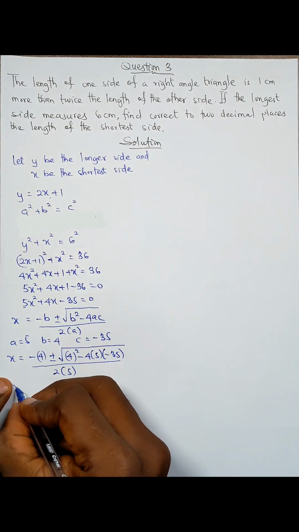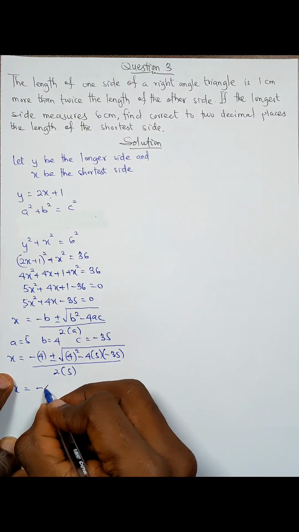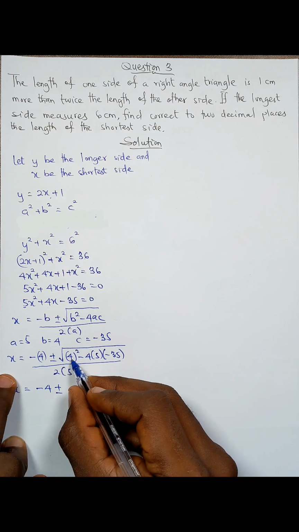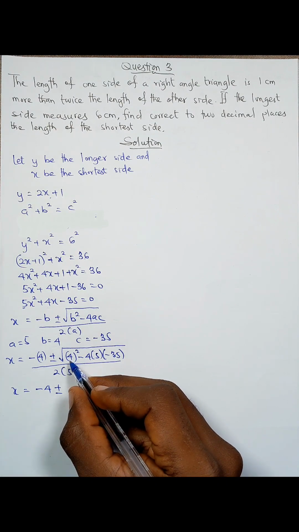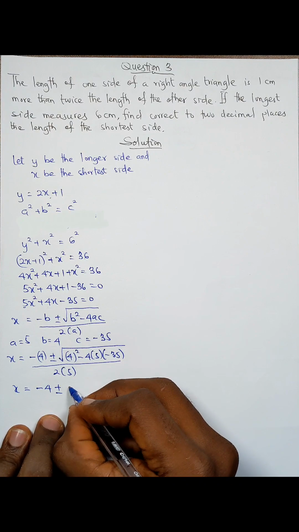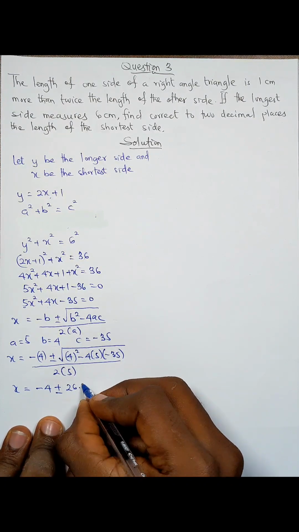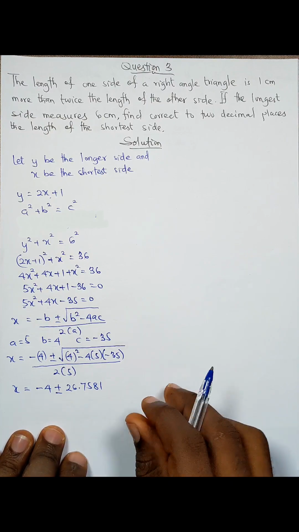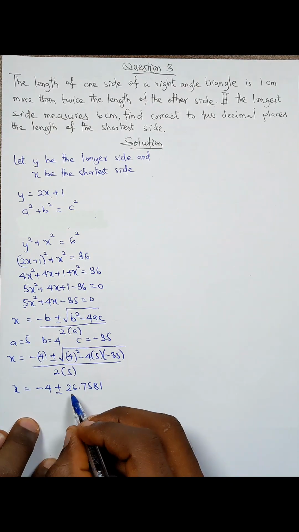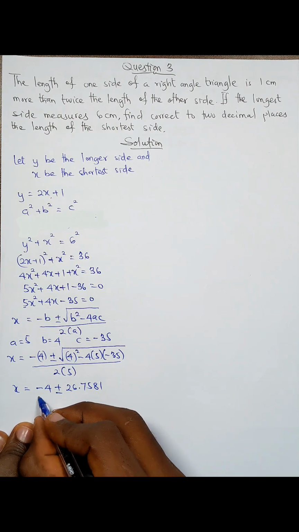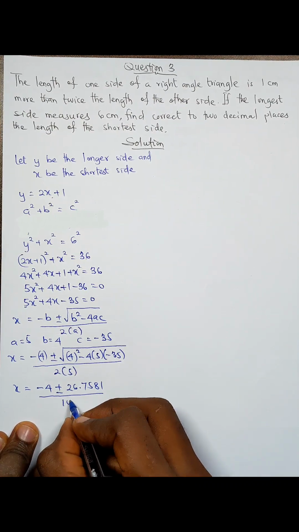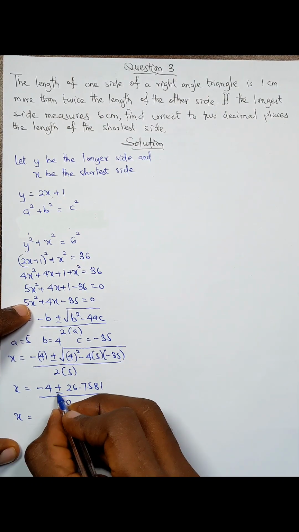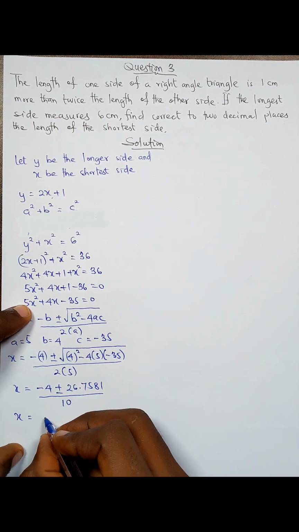So solving this, you're going to get minus 4 plus or minus. When you type all of this on your calculator, you're going to get 26.7581 to 4 decimal places. I like to work in 4 decimal places to reduce the errors. All over 10. So you take the first value of x when the sign is minus.